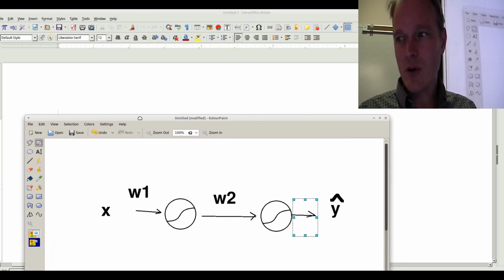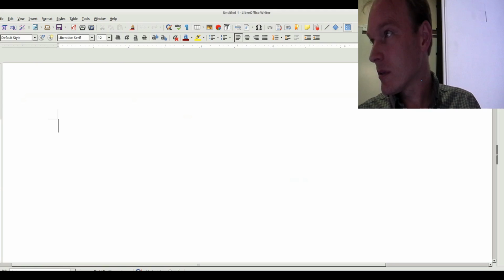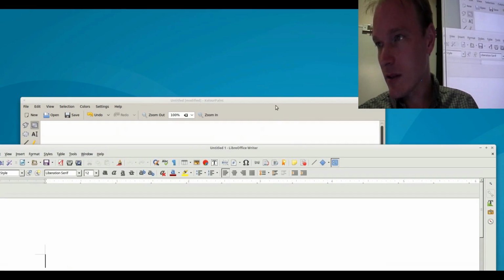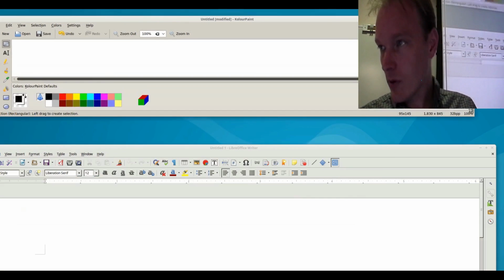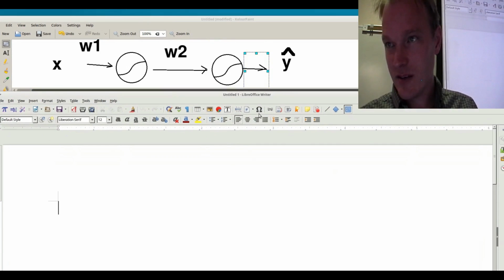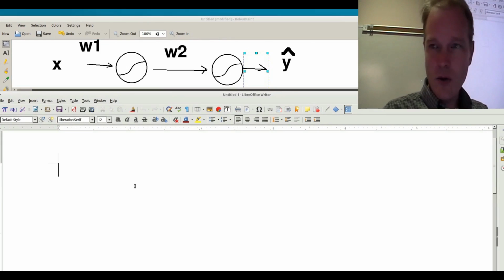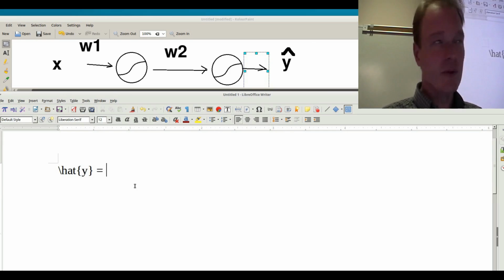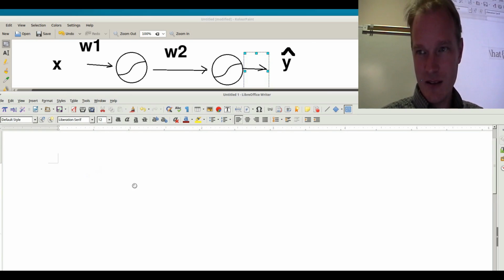First of all, let's write out the equation for just this neural network. Let's keep that there and move this to there and see if that works for us. Okay. I'm going to say y hat is equal to, let me LaTeXify that.